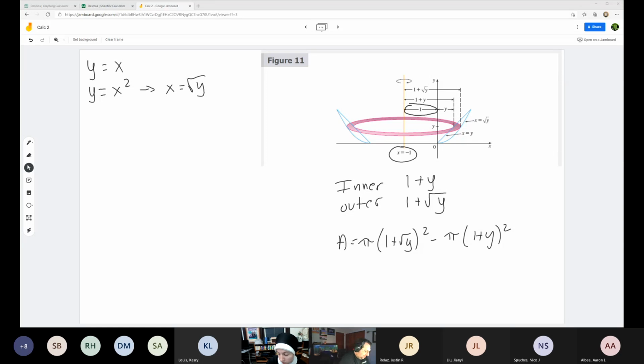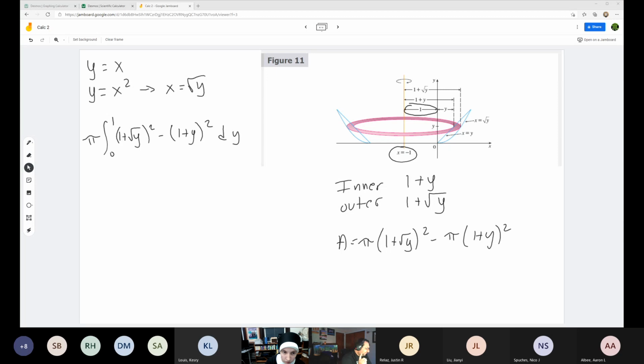So my integral, we're still going from 0 to 1. And actually, I'll pull out the pi before I do this. So I have (1 plus the square root of y) squared minus (1 plus y) squared, and we're doing dy.